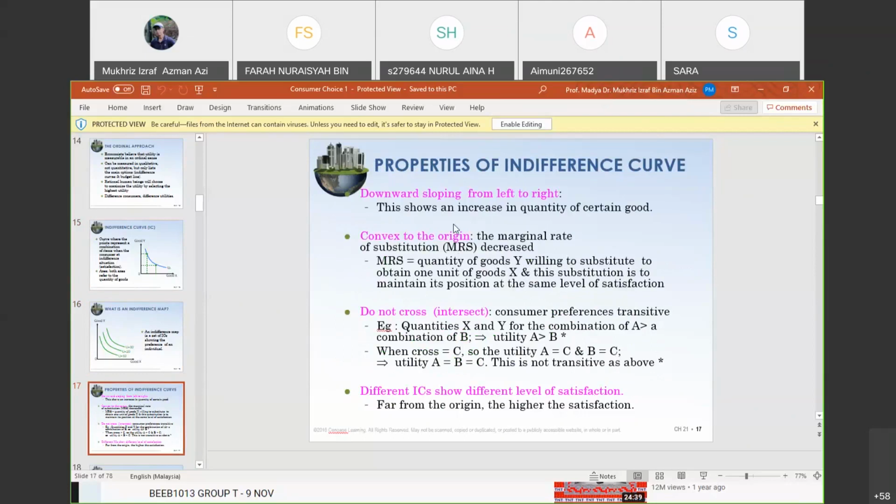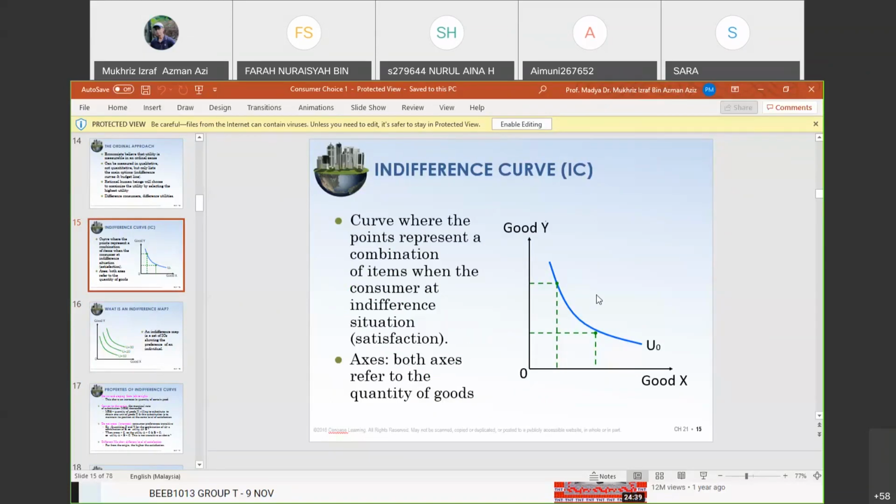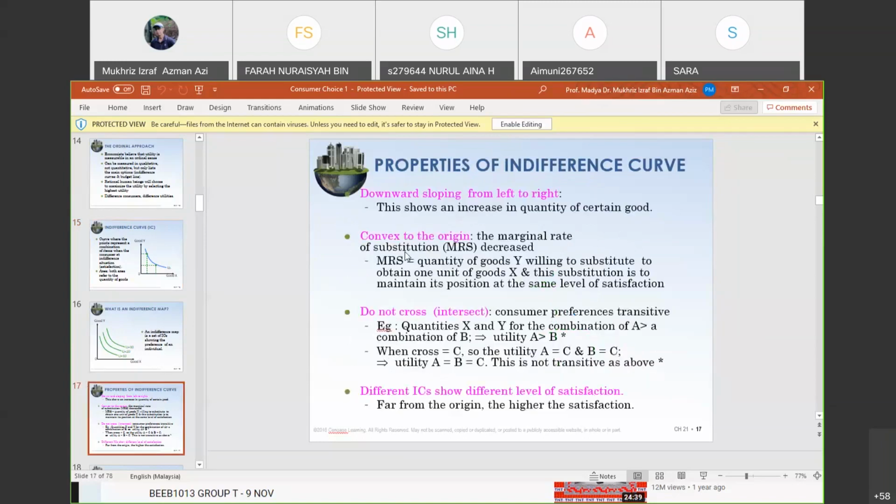For the consumer, the curve that measures your utility is called IC, or indifference curve, and the slope of the indifference curve is called MRS, marginal rate of substitution.